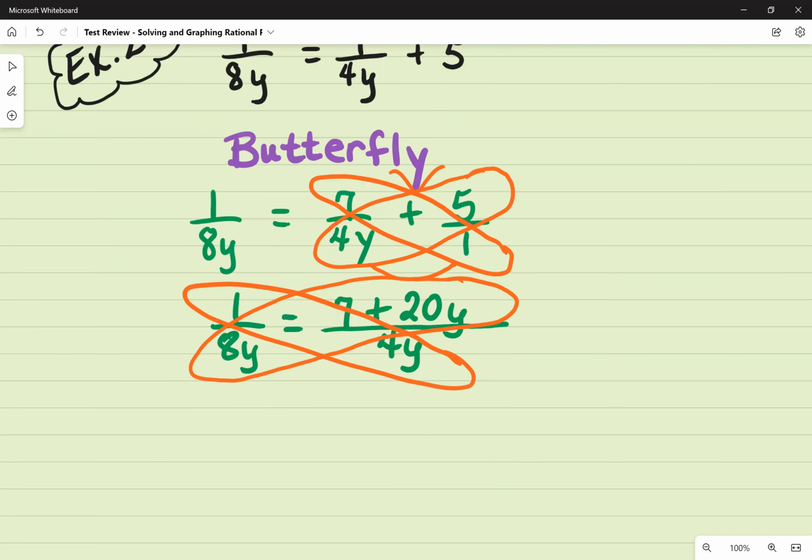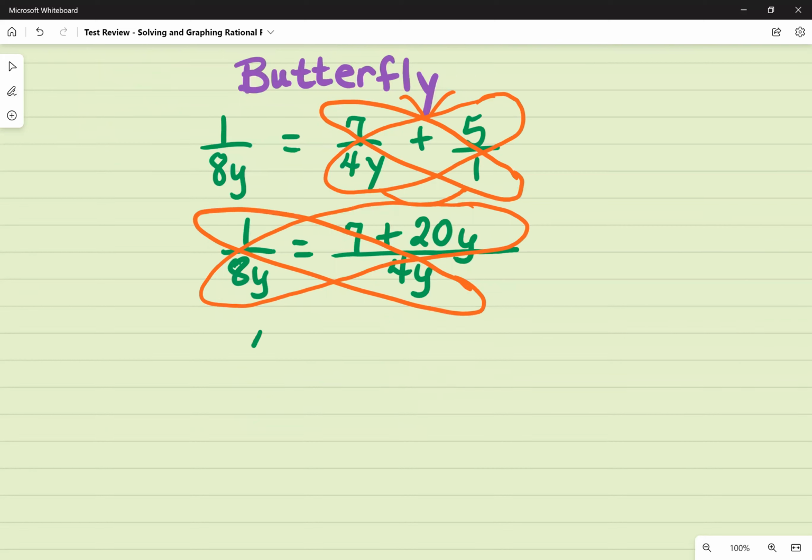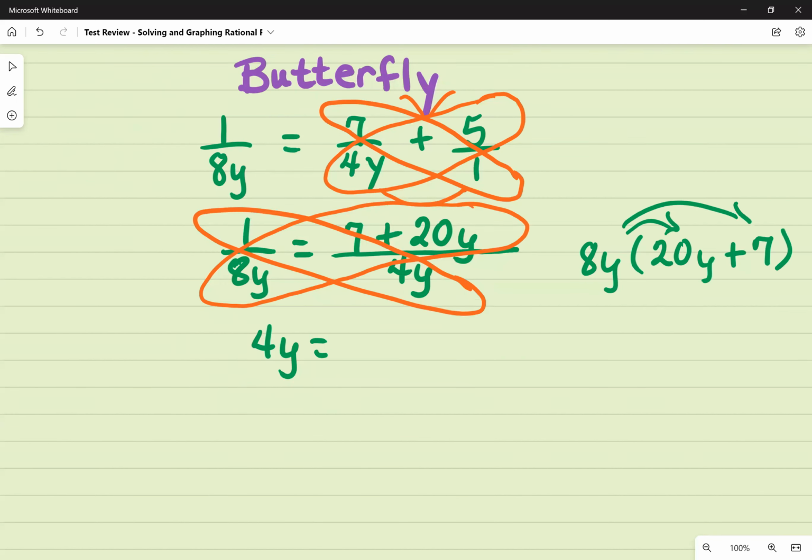So when I do that, 1 times 4y is 4y. Set it equal to 8y multiplied times all of this. So 8y times, I'm just going to rewrite it in standard form, 20y plus 7. And when I distribute it, that's going to be 160y squared plus 56y. Well, what I notice is I have a y on either side.